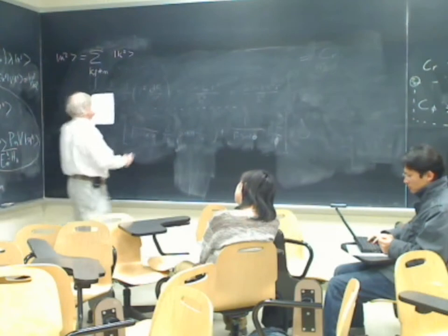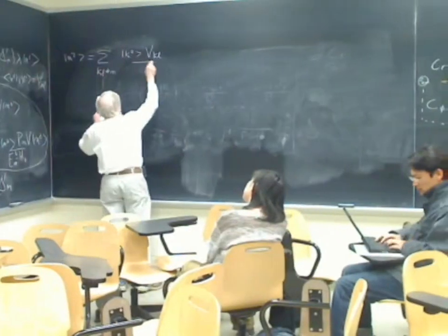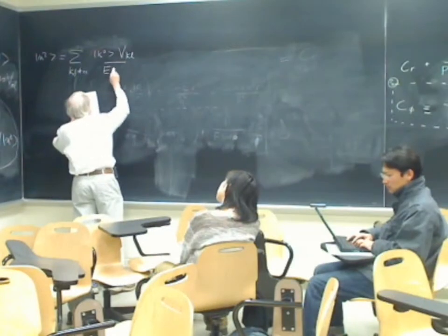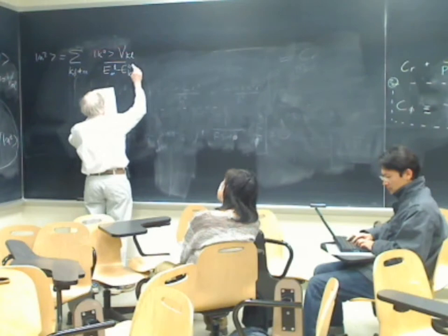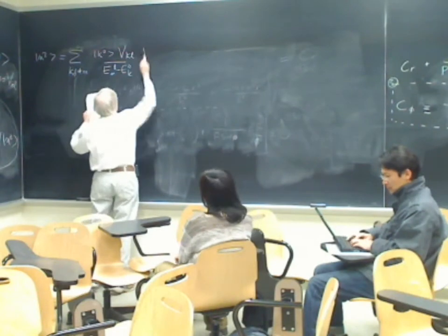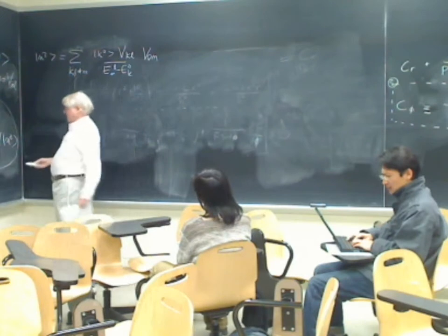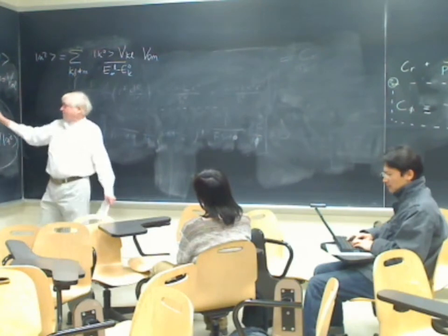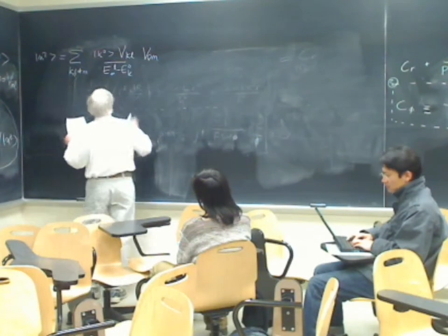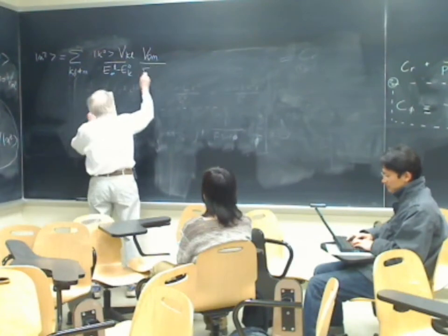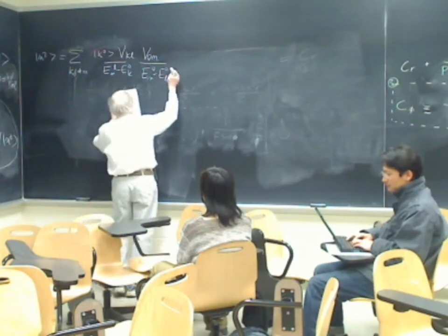And so this is VKL over ENL minus EK0, and then VLN, because we're going to have an N0 V L0, so that's VLN, and that's going to be EN0 minus EL0.